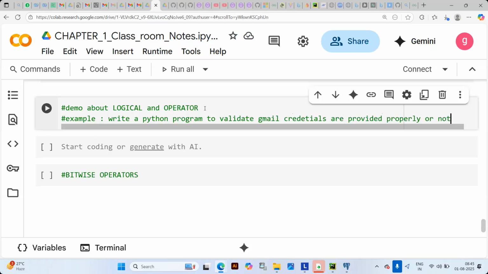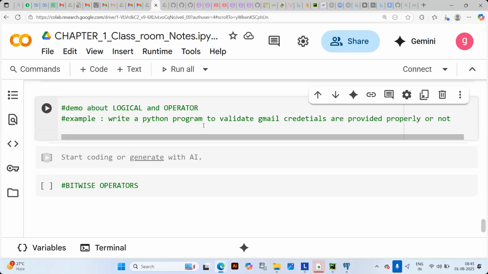See, what is the behavior of basic Gmail credentials or bank credentials?